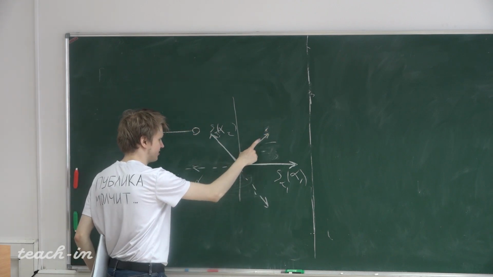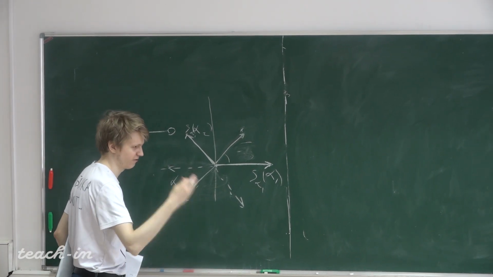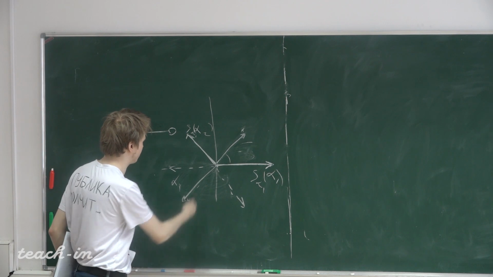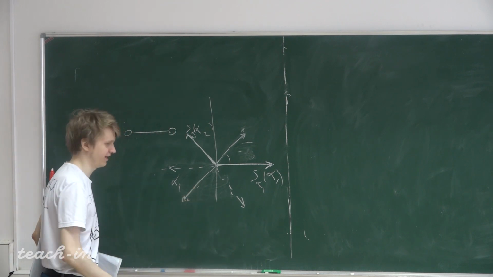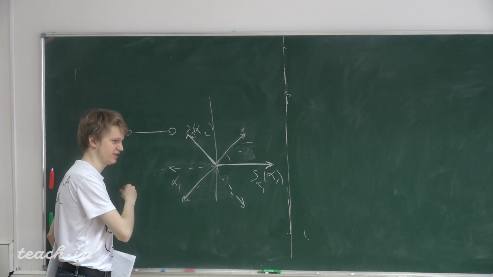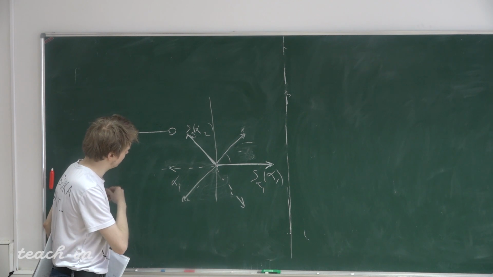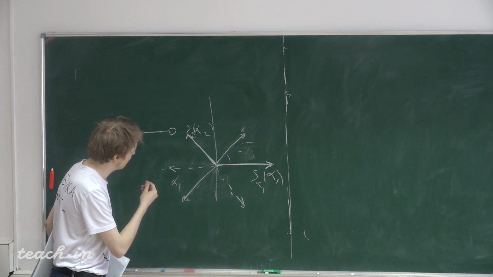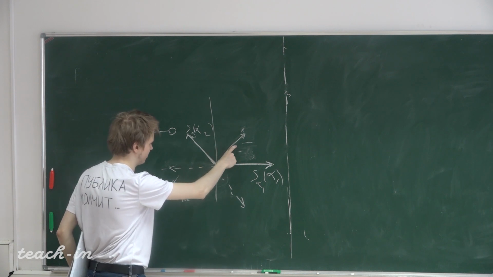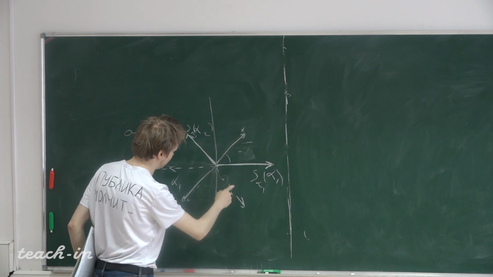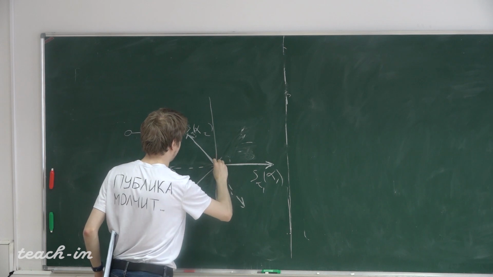And again, since this root belongs to the system, this root also belongs to the system, and we have the whole A2 system. Now we have to act on this one. Let me remember the right order.